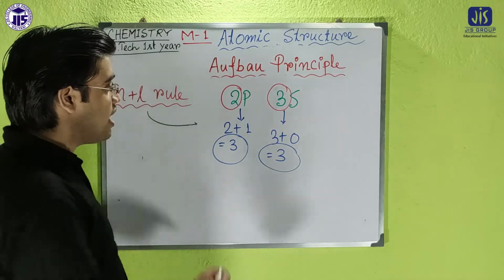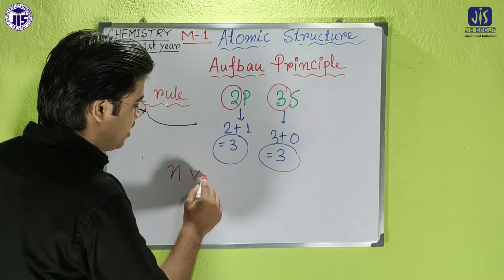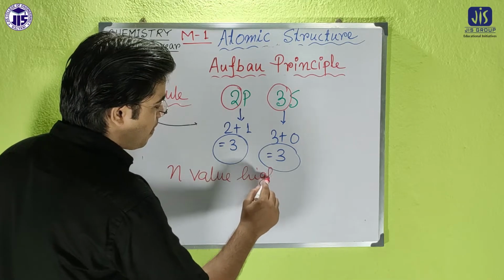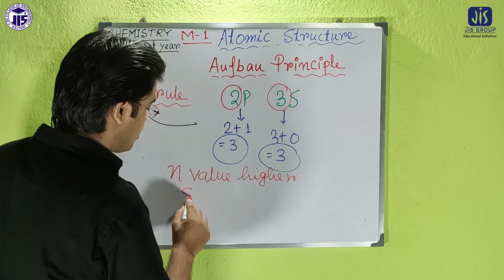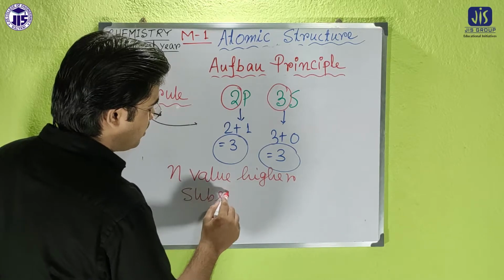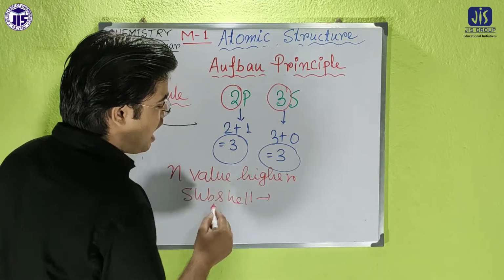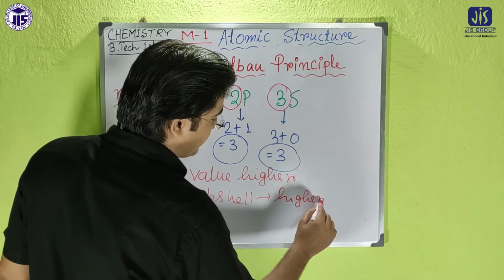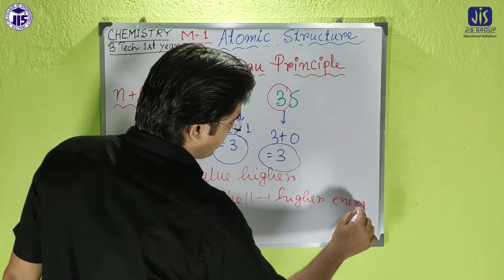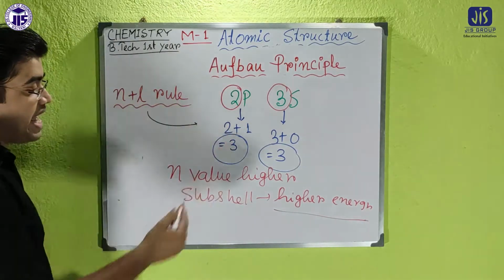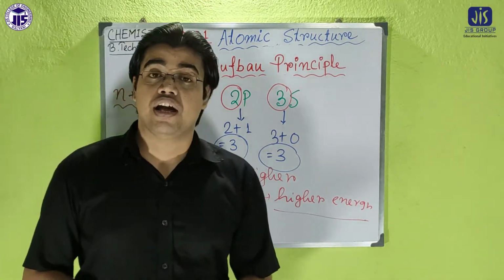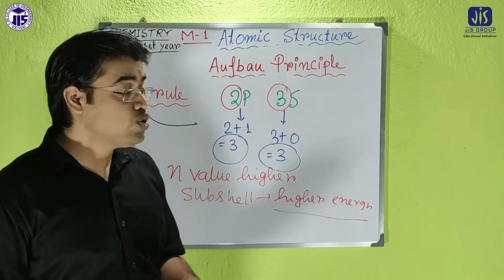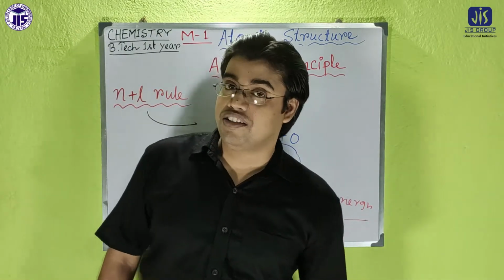Where n value is higher, that subshell has the higher energy. Okay, is it clear? Where n value is higher, when n plus L values are same for the two subshells, then only we can apply the theory.